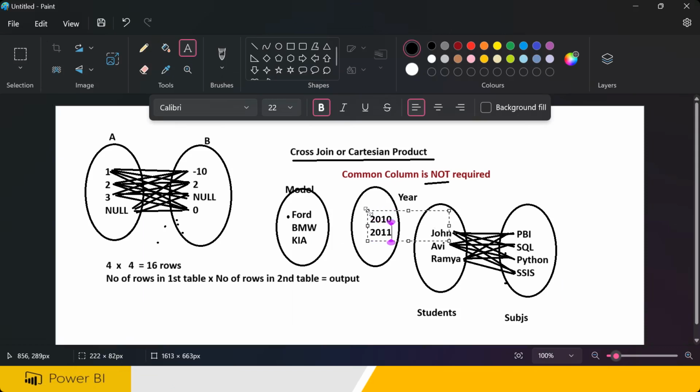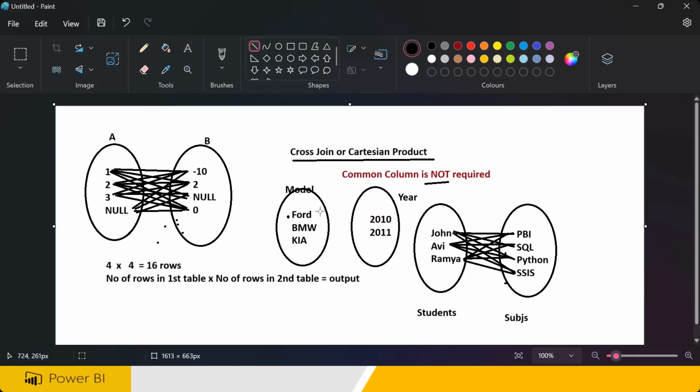Now tell me, these are two data sets. So I wanted to get the combinations of Ford sales in 2010, Ford sales in 2011, BMW sales in 2010, BMW sales in 2011, Kia sales in 2010, Kia sales in 2012. So this is cross join data.